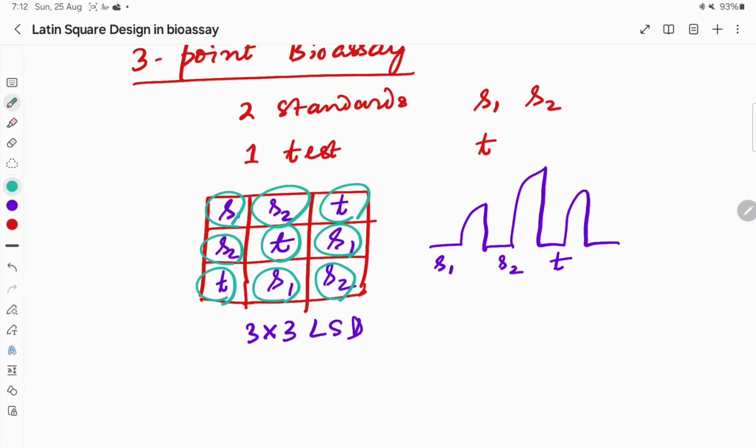One way is to use the same sequence S1, S2, T again and again, and then take the average of 3 S1s, 3 S2s and 3 Ts.